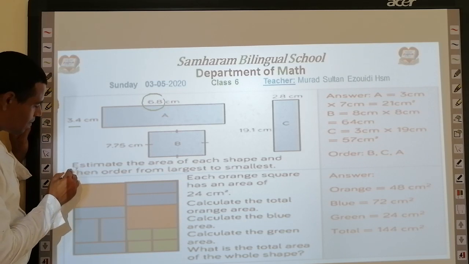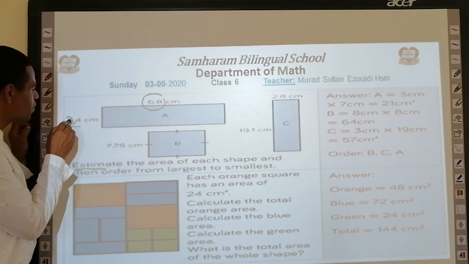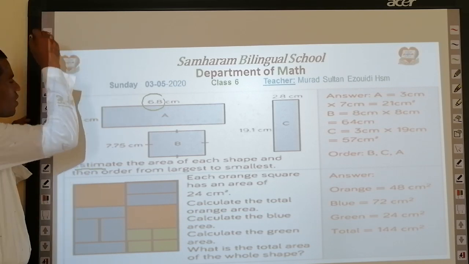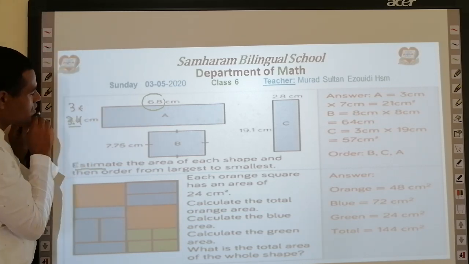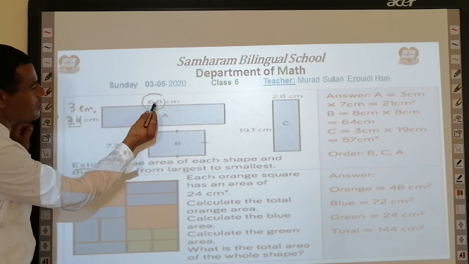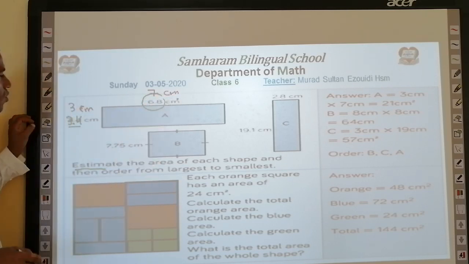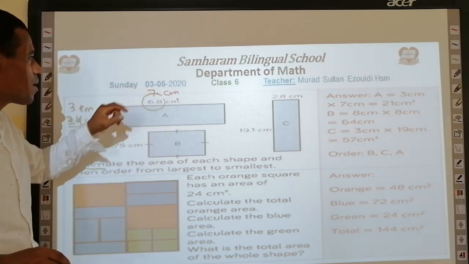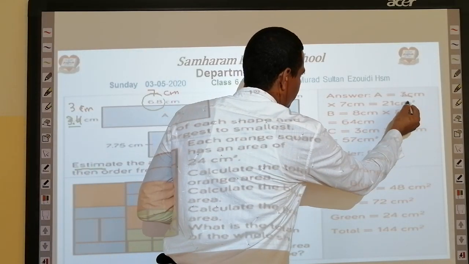We will estimate, my learners. This is 3.4, just write it as 3 centimeters. And this is 6.8, just write it as 7 centimeters. So to estimate the area, 3 multiplied by 7 is 21 centimeters squared.